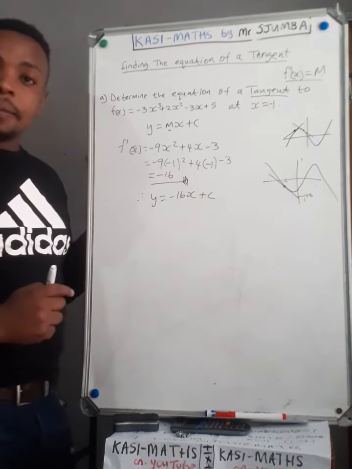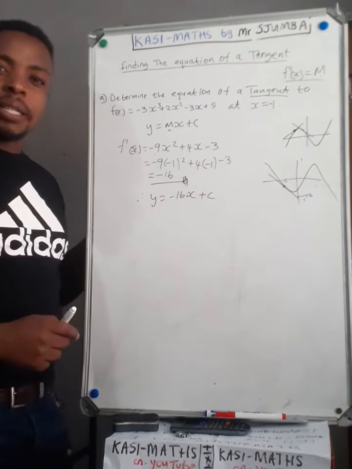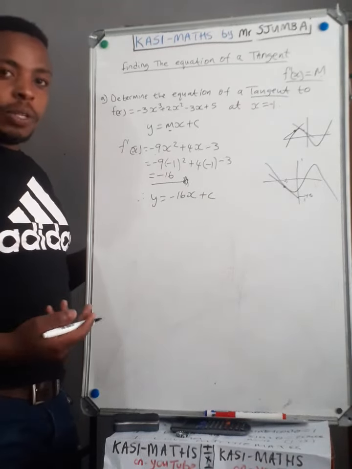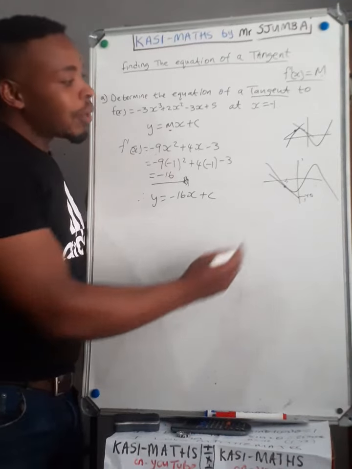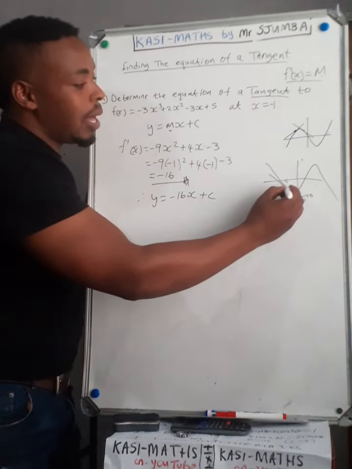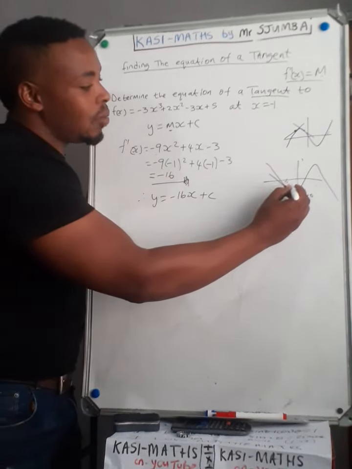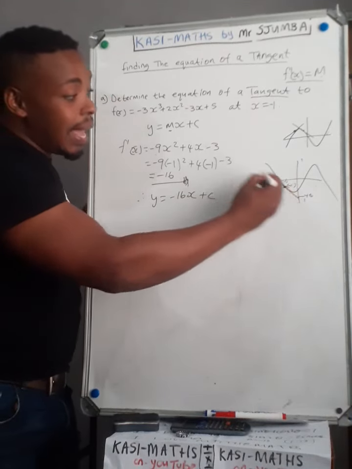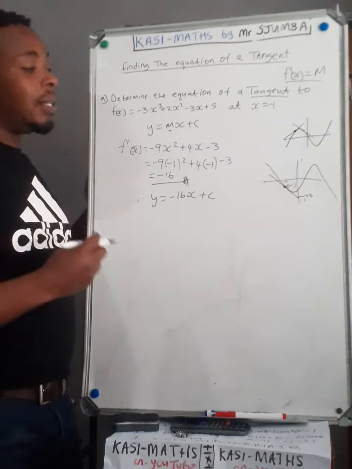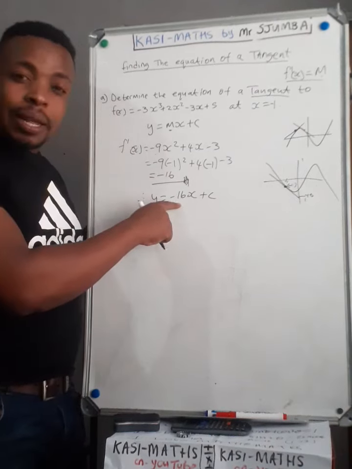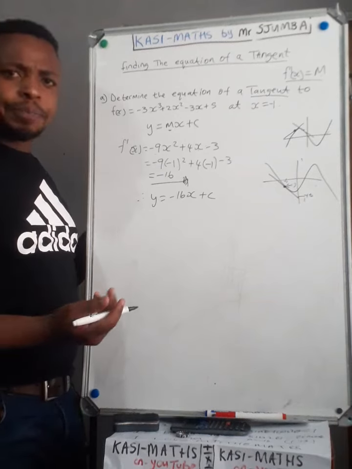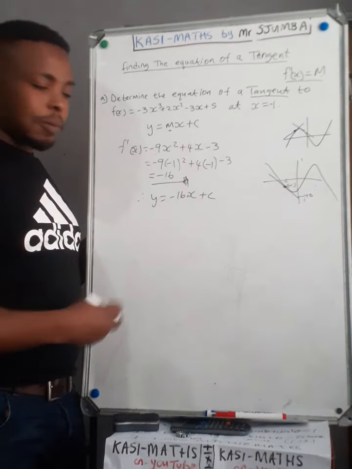So we have the gradient, now we're left with the value of c. If we have an unknown, we know what to do, right? We take a coordinate. Here we have a coordinate with x equal to minus 1, but we don't know the y. We take any coordinate that we can find on the graph and substitute it, same as with a parabola or hyperbola.